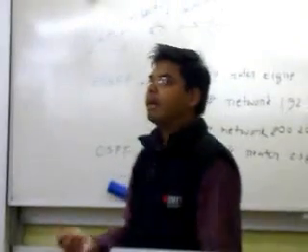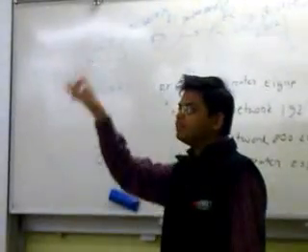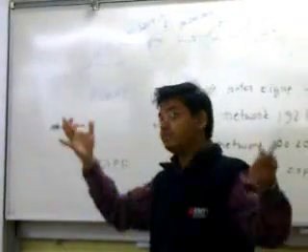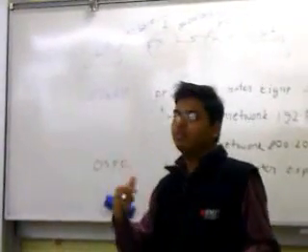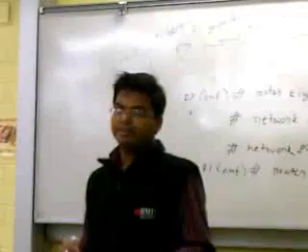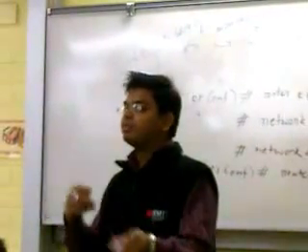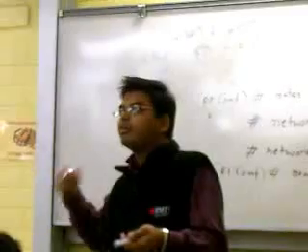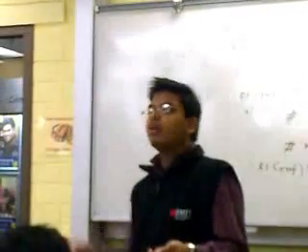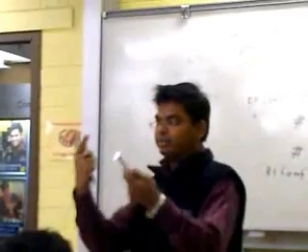OSPF works that way. But who in the OSPF topology, among 5, 10, 20 or millions of routers, will take the role to update? Not everyone will update everyone, like RIP used to. It consumes bandwidth. If all of us in the class start talking, it will be interference, it will take bandwidth.